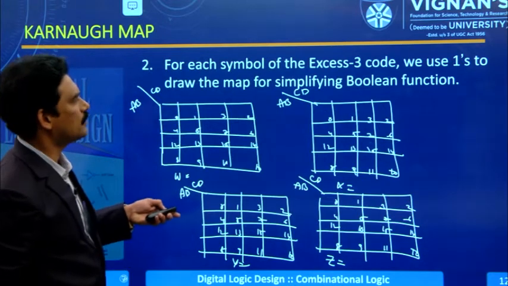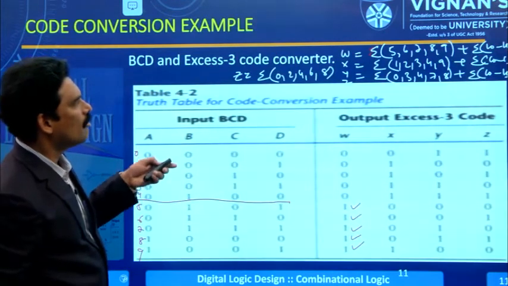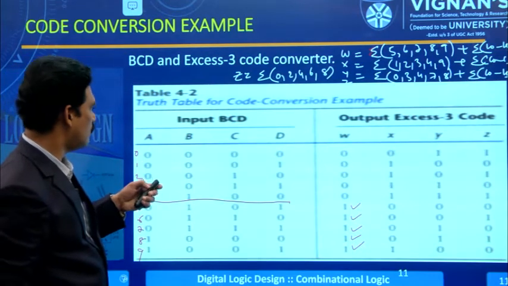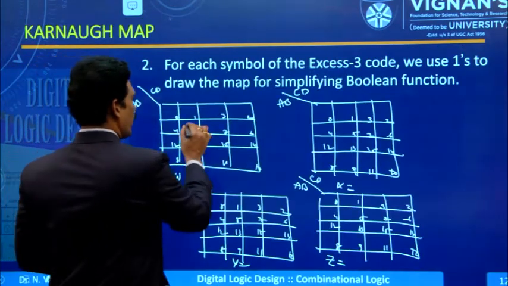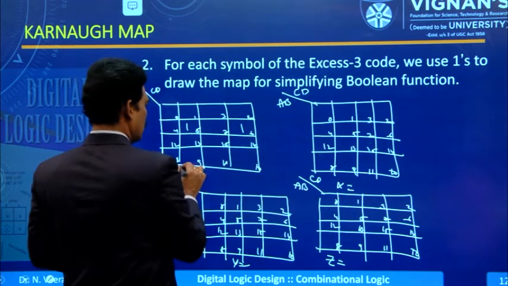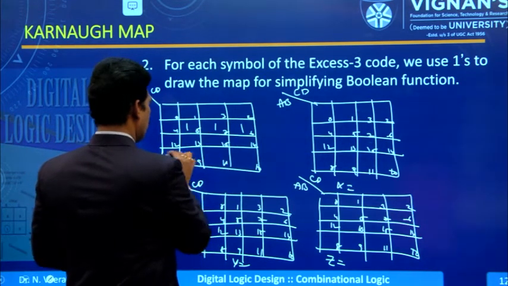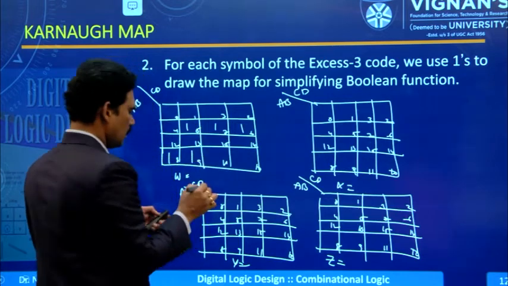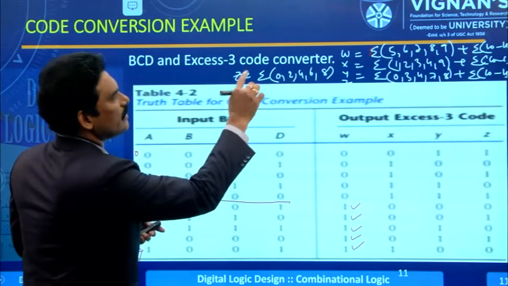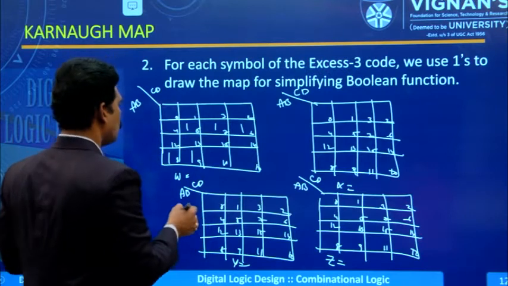And now, what are the combinations for this? The combinations are 5, 6, 7, 8, 9, and 10 to 15.